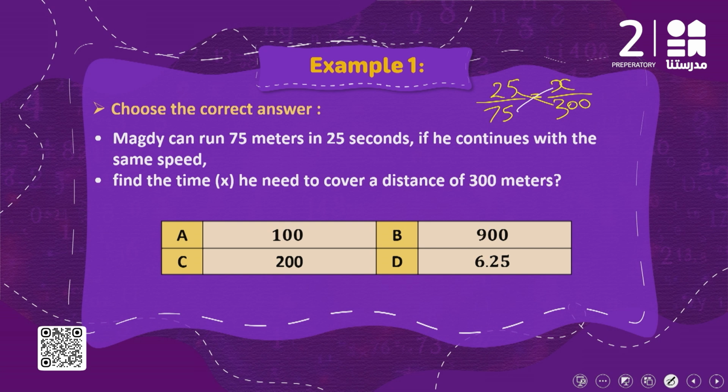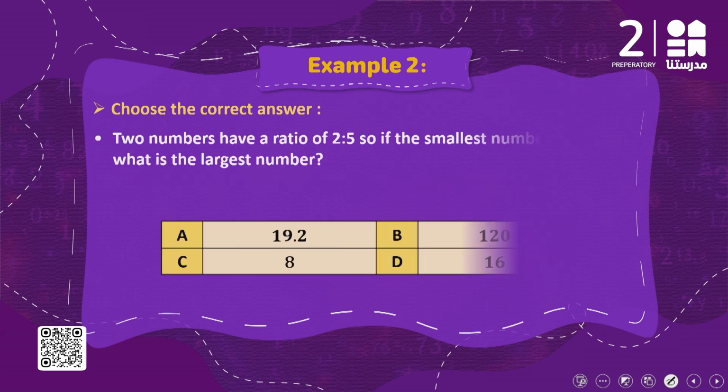So we have 75x equal to 25 times 300. This will be 7,500. You have to divide by 75 for both of them. Now x will be 100. This is the time, in seconds, for this distance of 300 meters.